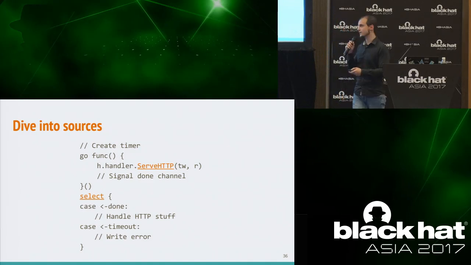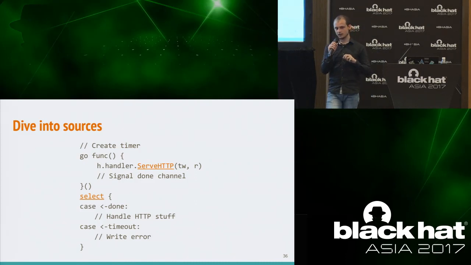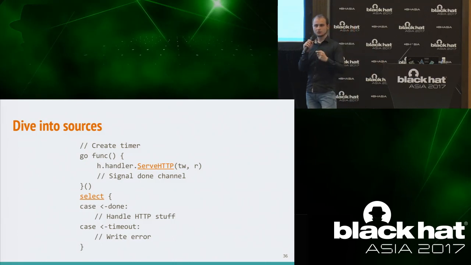Then they select in a blocking way from the two channels. If the Goroutine ends first, it means that it has handled the HTTP request. Everything has gone right, so all can proceed.